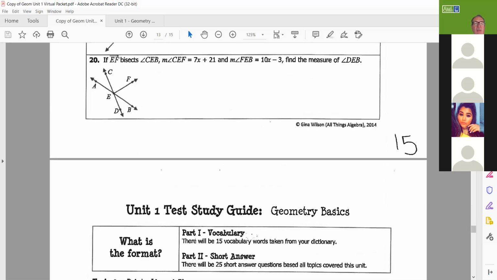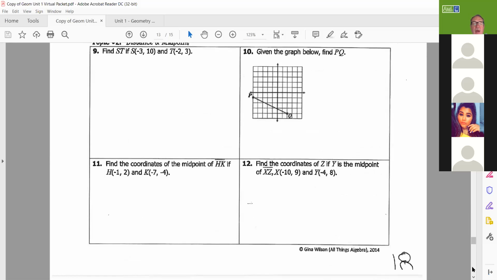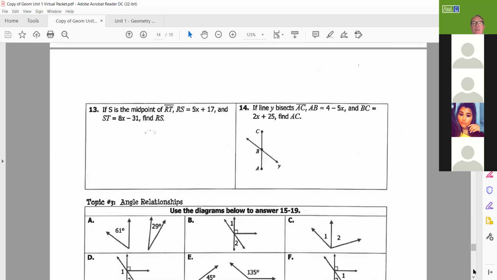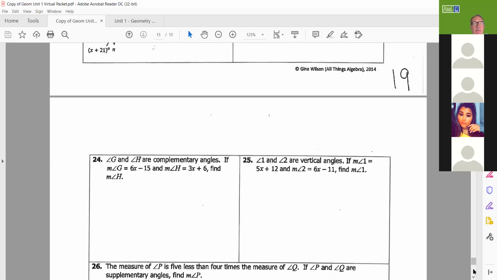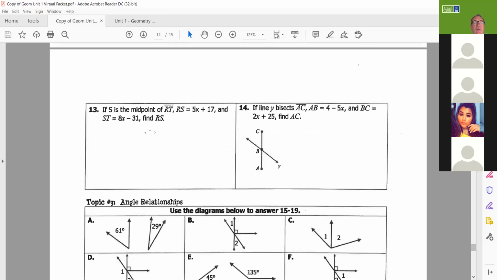You will see problems like this on this first unit test. So what I would encourage you to do before you take the test is to use this study guide that is at the end of the handout. You don't have to do every problem. Do some of these problems. Find the ones that you don't understand. Take a photo of them. Take a photo of your work. Send it to me.